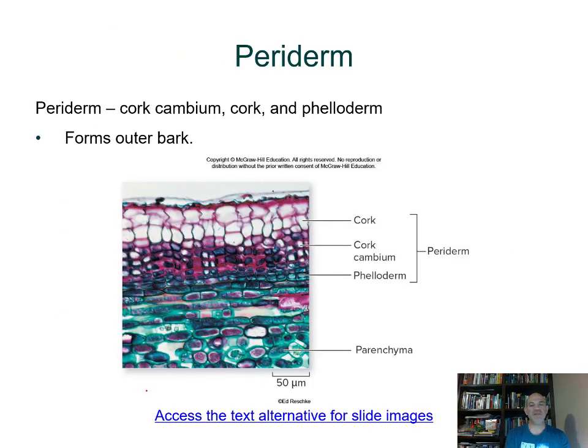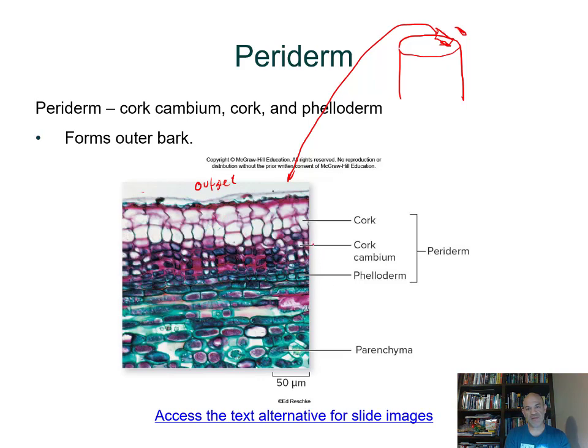And here's an image of a section through the outer portion. So let's say that we have a branch, like this, or a trunk. And if I just take a little section right off of the edge, and then I look at the cross section through there, the outside is here and the inside is here.